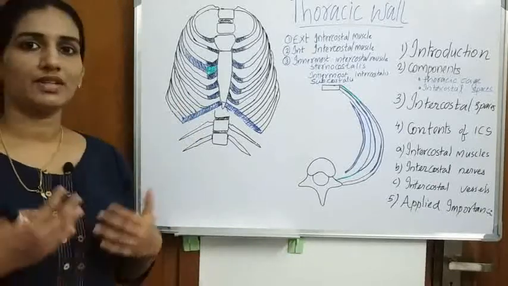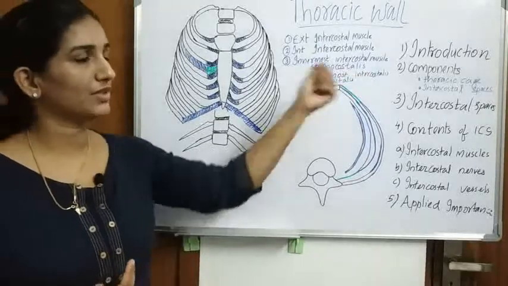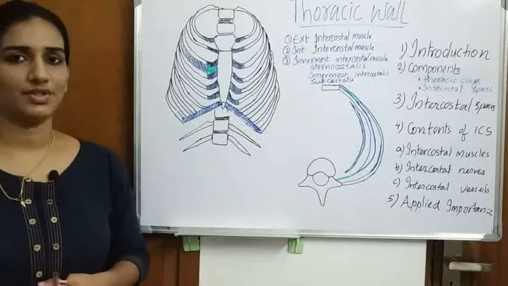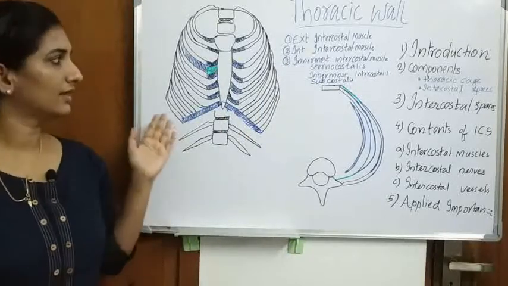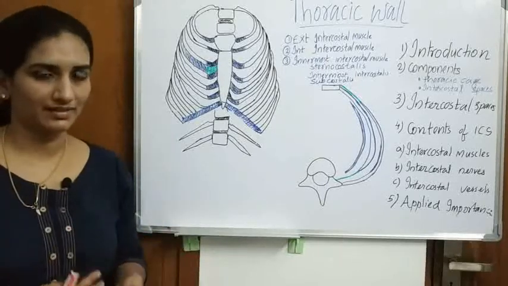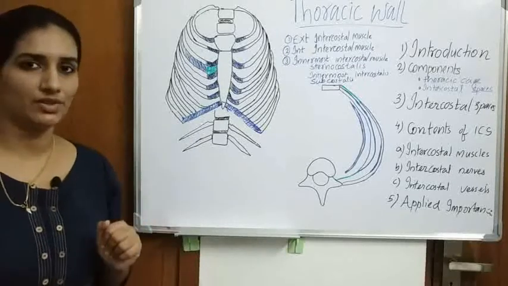Coming to the thoracic wall proper, we will see the components of the thoracic wall. The thoracic wall consists of skeletal elements, then muscles, and also the blood vessels and nerves supplying them. First we will see the skeletal element of the thoracic wall.